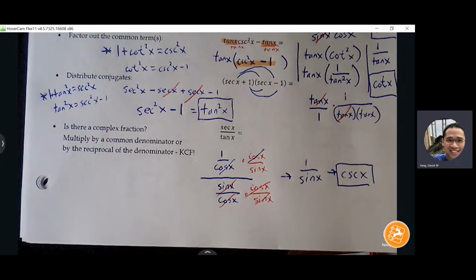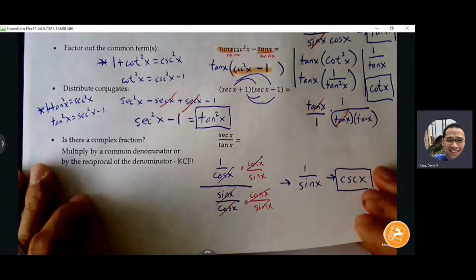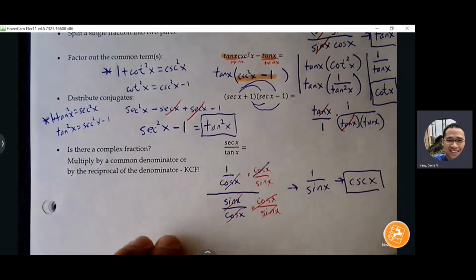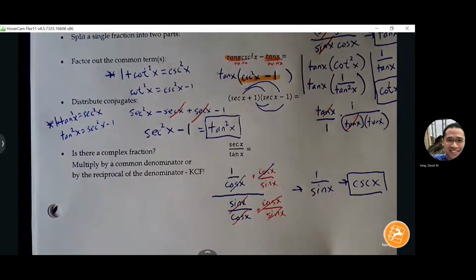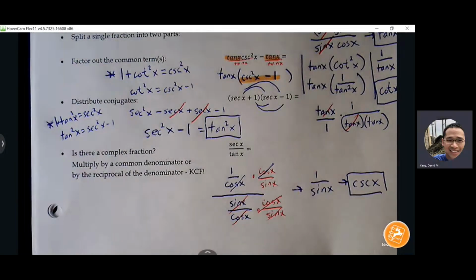Okay, let's just spend the next 5 minutes working through some of these practice problems, and whatever we don't finish, we can pick up tomorrow. Is everybody good with this page?